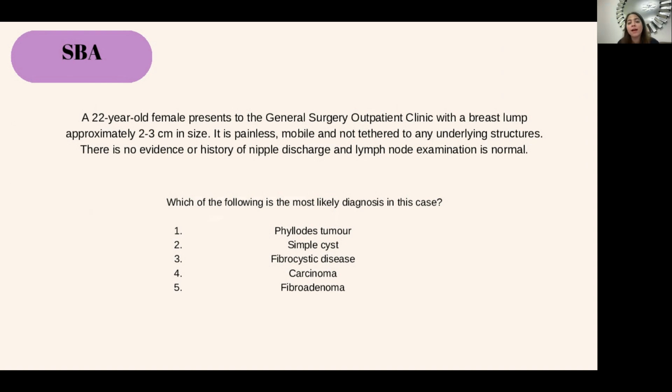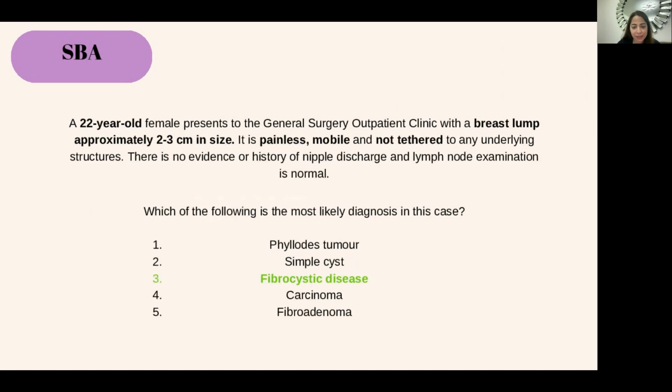It's mobile, meaning you can move it around. If it was, for example, a cyst, then it would feel fluctuant. And cysts can cause tenderness as well, and she doesn't have any features of carcinoma at this stage. So most of you have gone for the right answer, being fibroadenoma. Ignore the second slide.